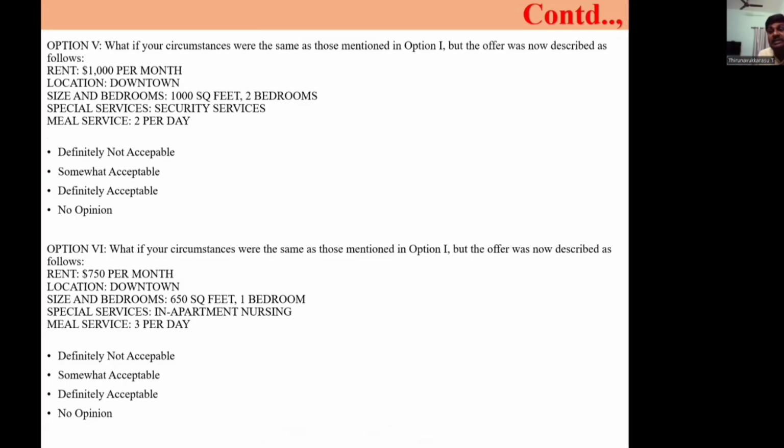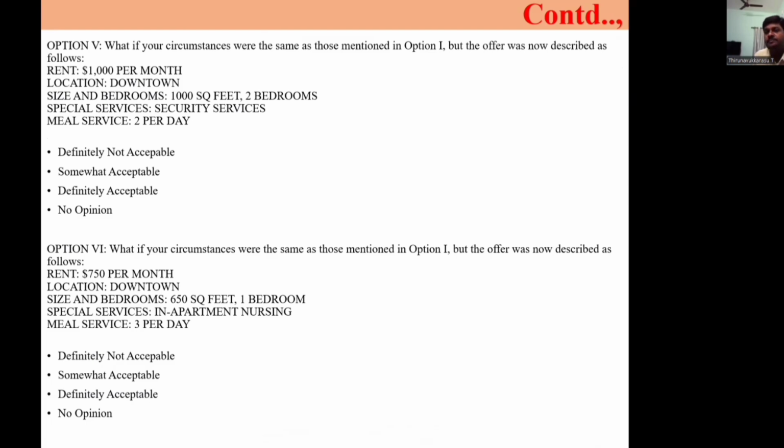Apartment nursing is provided, and 3 meals per day. So all the basic facilities are covered in option 6. So I may go with option 6. Out of 6 options, I may decide to choose option 6.